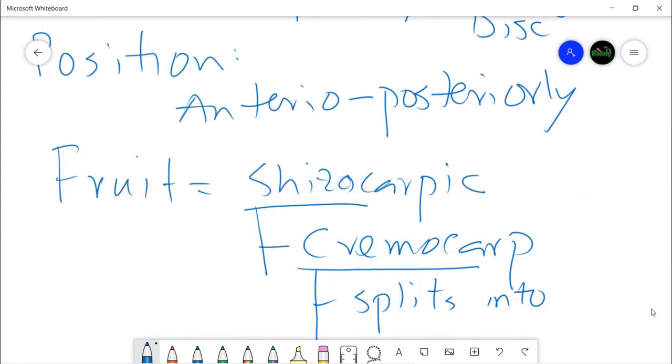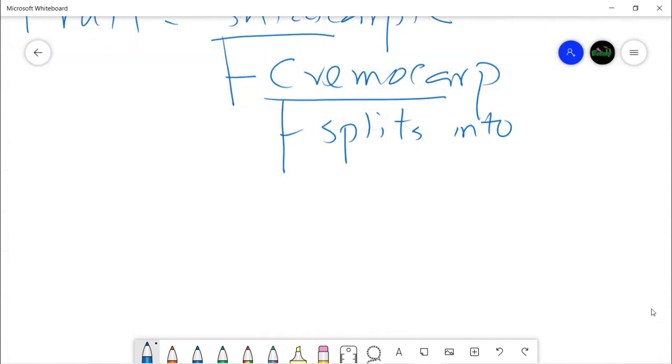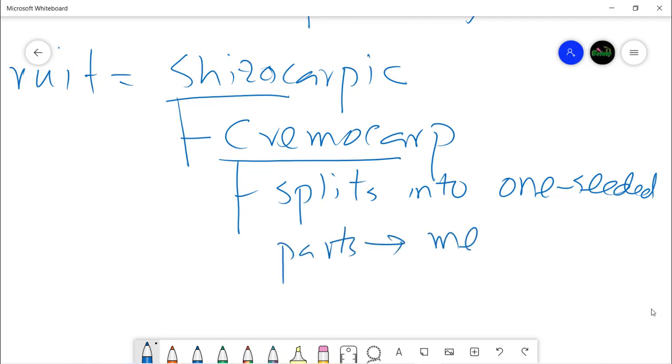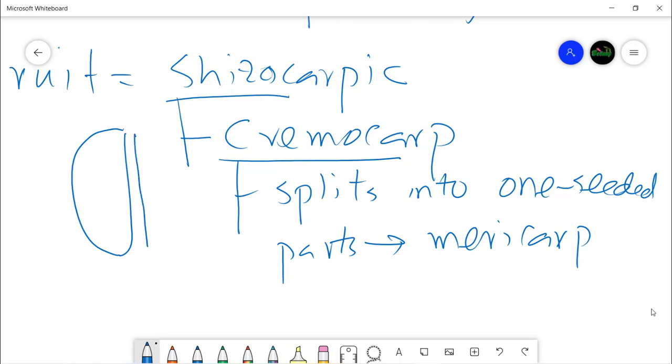So this is what we are discussing here, that cremocarp splits into one-seeded parts, and they are known as mericarp. So it will split into two parts like this.